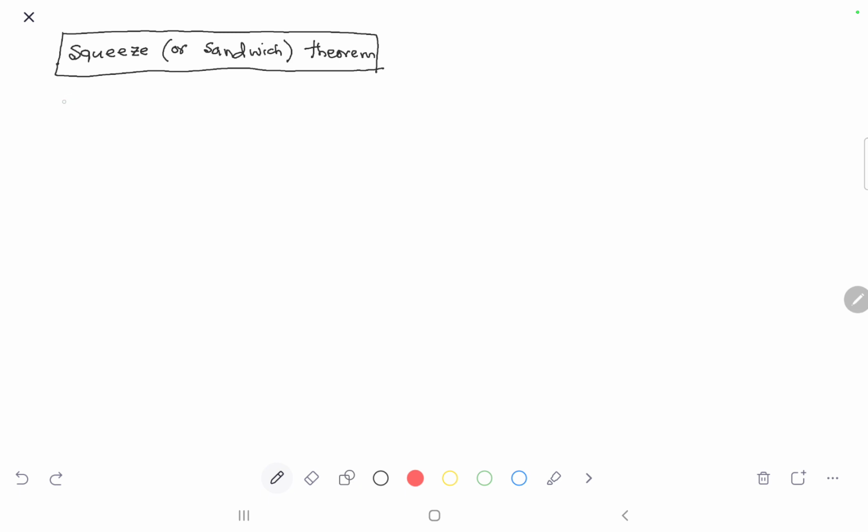So let f(x), g(x), and h(x) be three functions defined near a.